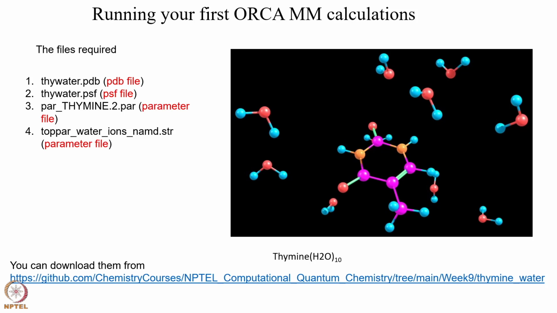Now we are ready to perform our first ORCA MM calculation. This is a system of thymine surrounded by 10 water molecules, and this is one of my favorite systems. Thymine is a DNA nucleobase.